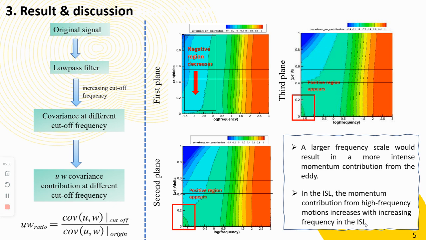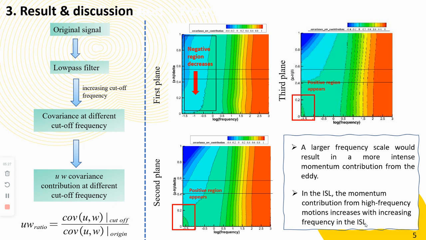And in this region, for the first plane, because there is a high-rise building here, the momentum contribution in this area is less negative. But for the second and third plane, there exists a positive region.